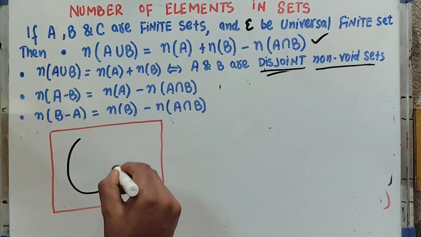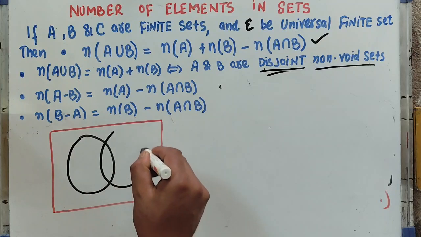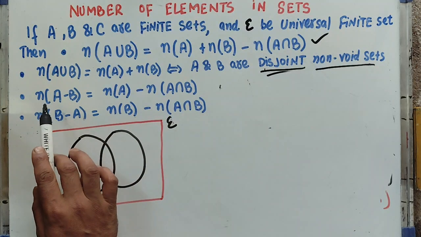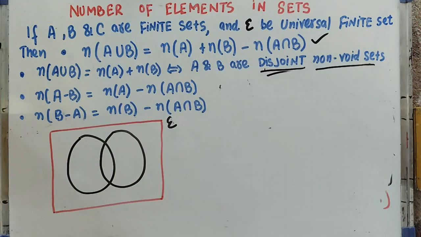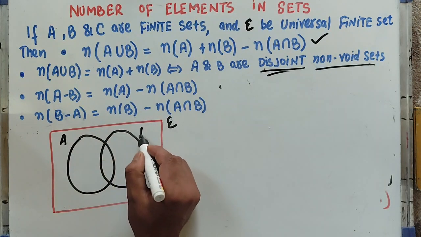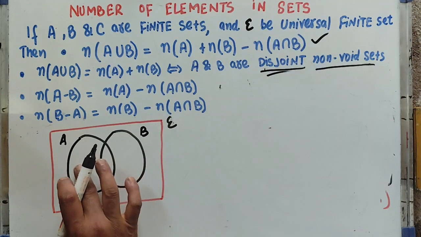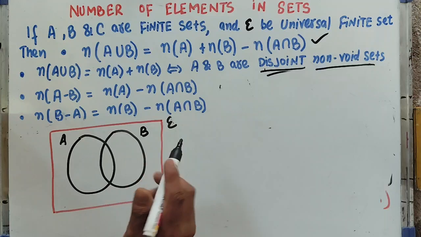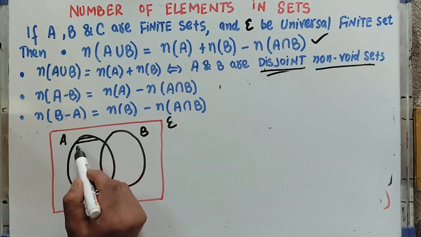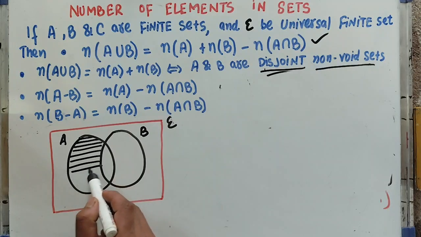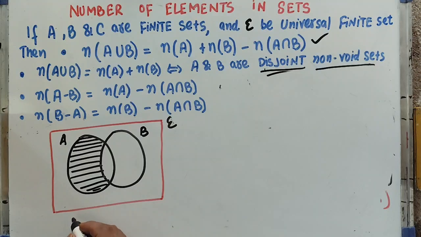Let us suppose this is set A, then set B. This is our universal set. From A, when we subtract B, we will get that very region. So this is the region of A minus B.